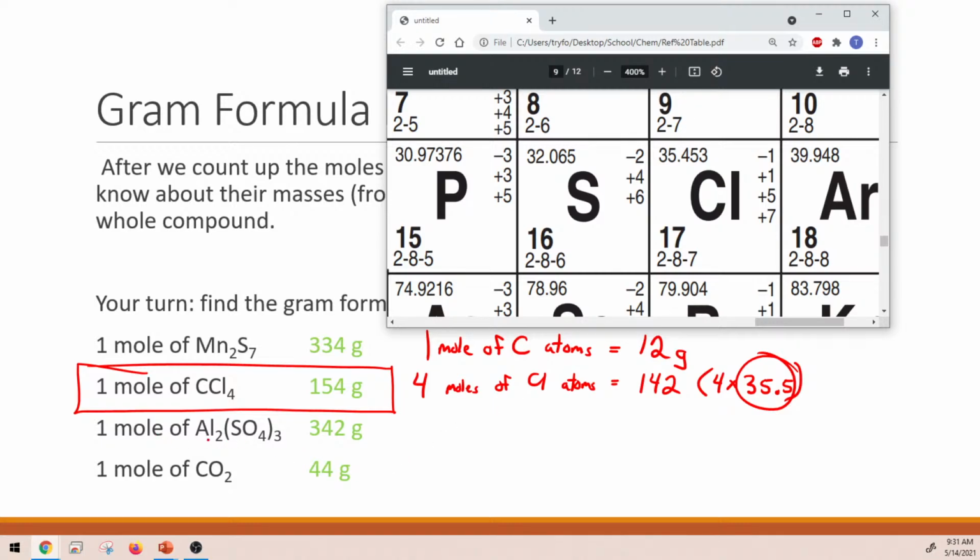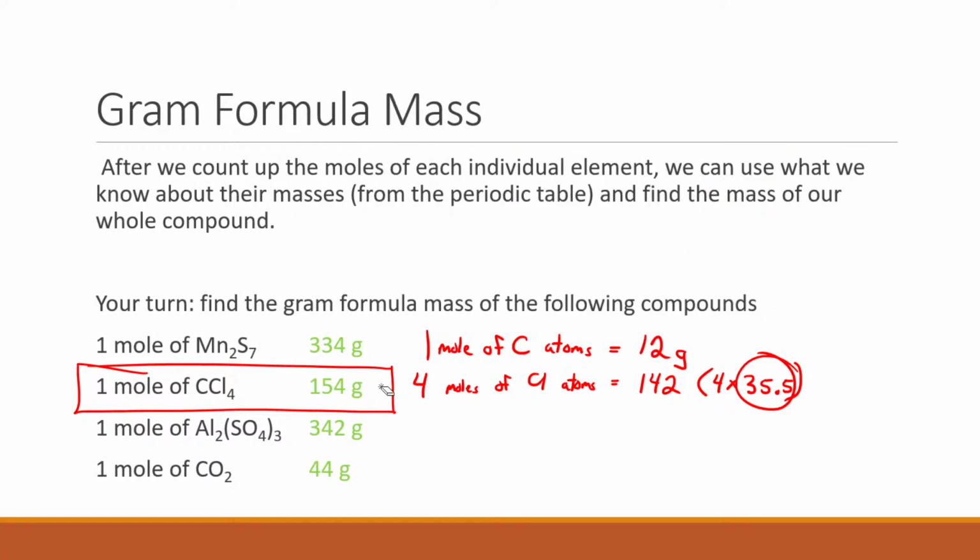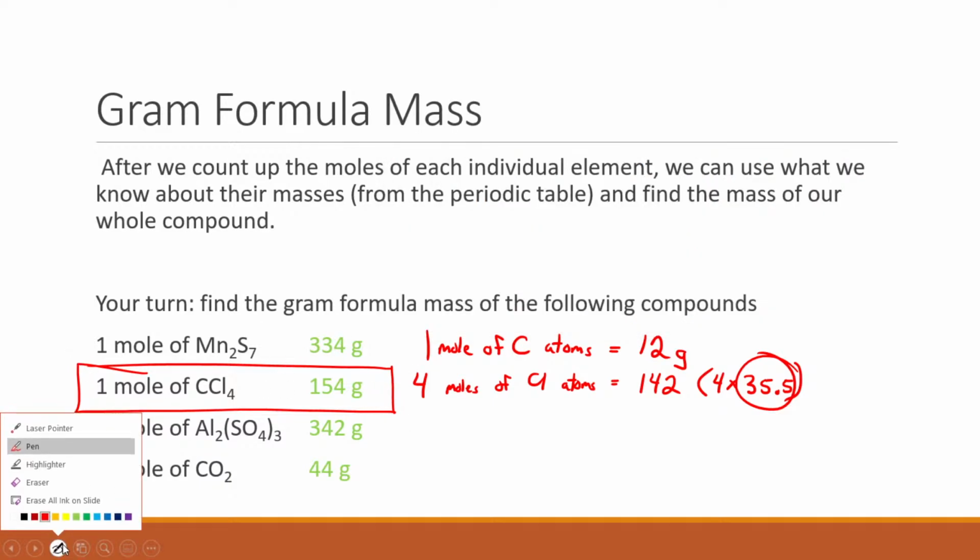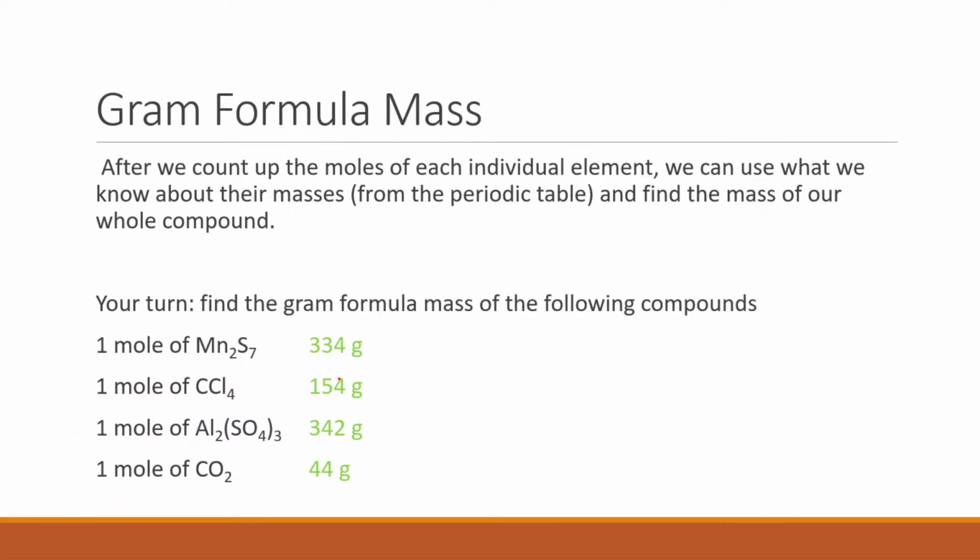Let's look at this one, this third one. Here we have 2 moles of aluminum, 3 moles of sulfur, just like we said before, and we have 12 moles of oxygen.